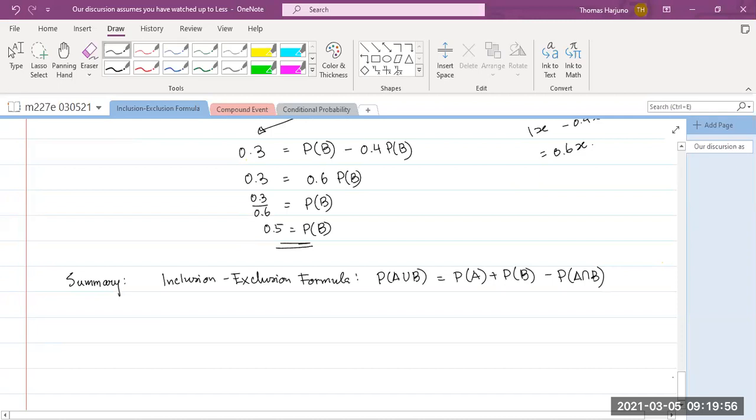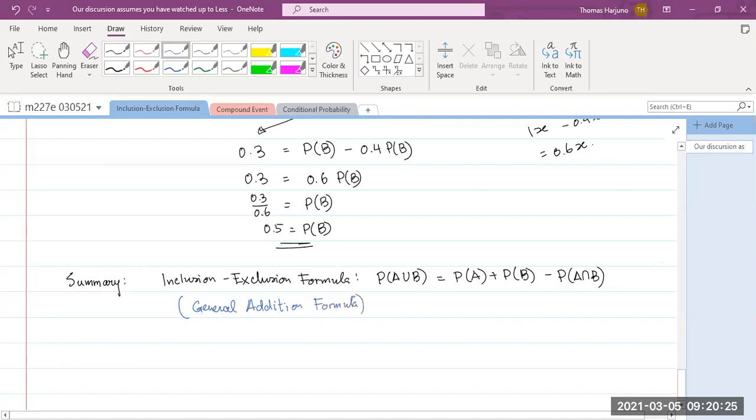You may have this question, Thomas, why do you purposely use a different name for this formula, which is different from our textbook? I'm not saying that the textbook name, general addition formula, is wrong. No, general addition formula is just another name for this inclusion exclusion formula.